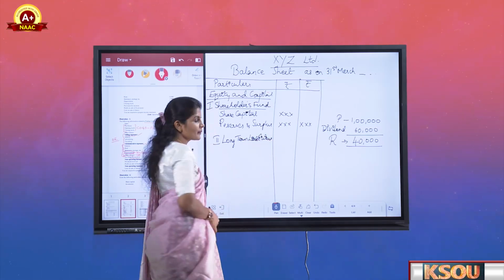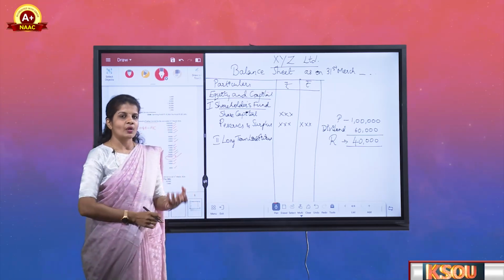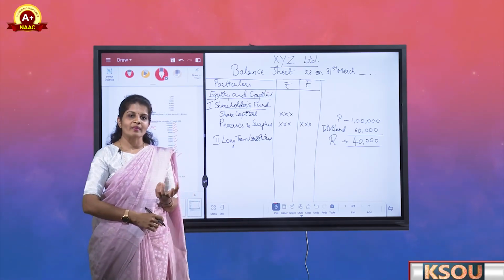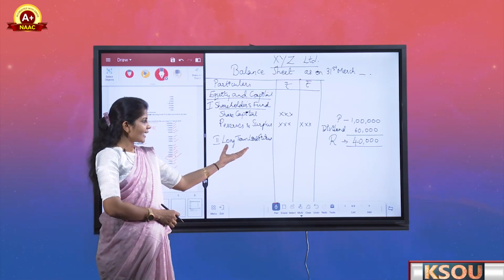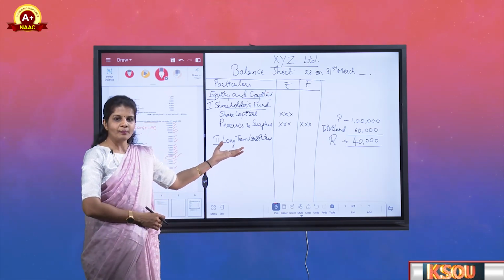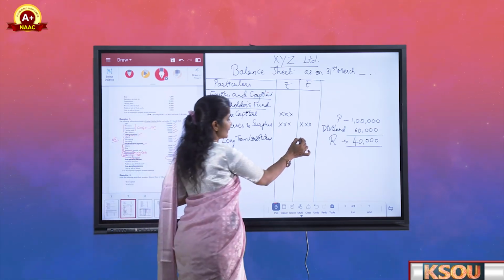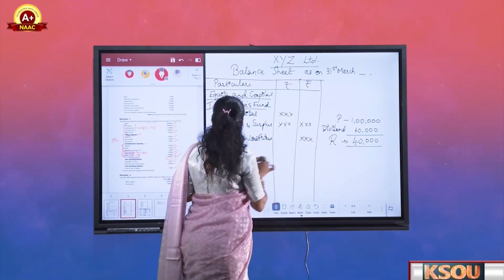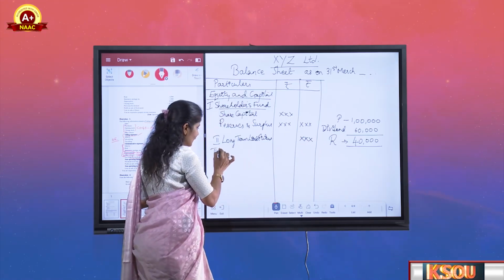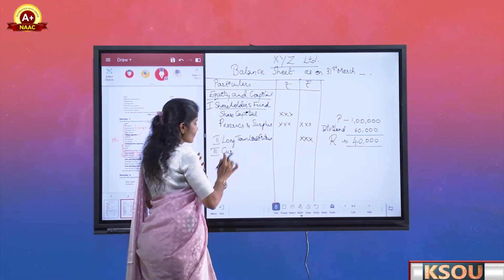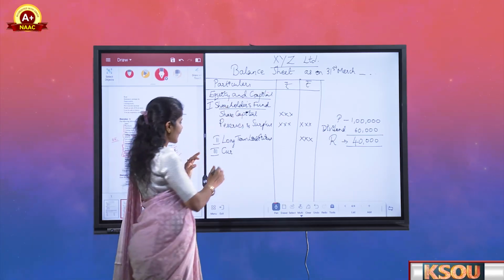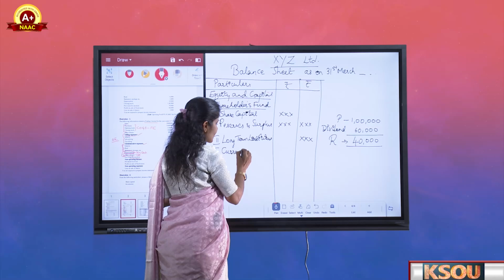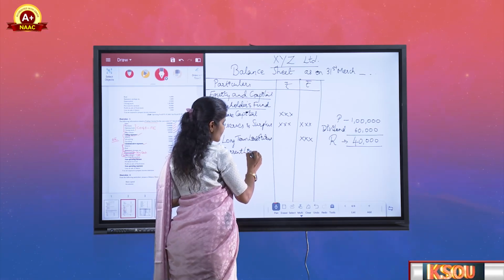Long-term liabilities can be debentures or any long-term debt raised from financial institutions or banks, etc. After the long-term liabilities, the next item will be current liabilities. These two, debt and capital, are long-term, and current liability is short-term capital.